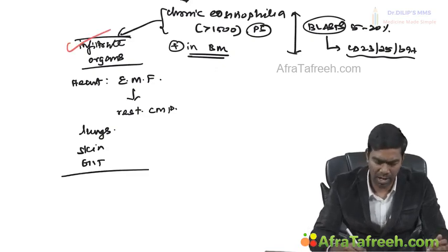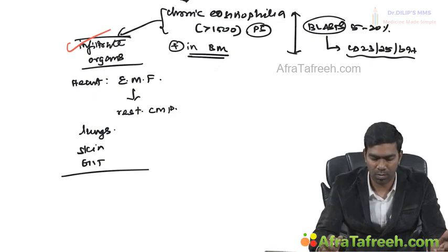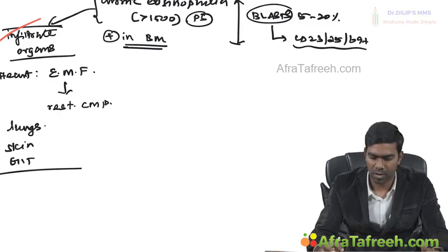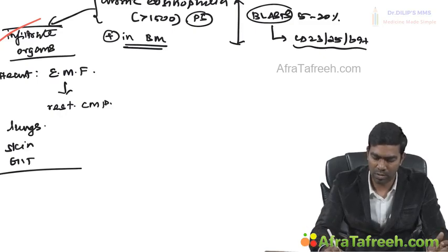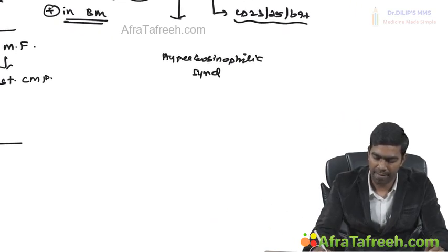The same thing will happen in hypereosinophilic syndrome also: multi-organ dysfunction and multi-organ infiltration by mature eosinophils. But what is the difference between hypereosinophilic syndrome and chronic eosinophilic leukemia?